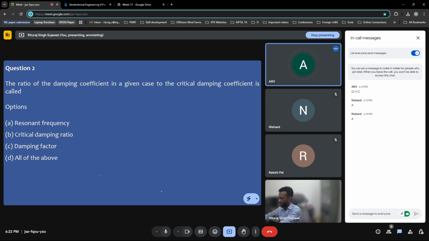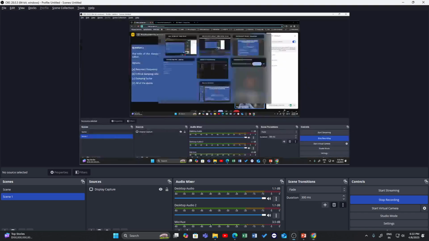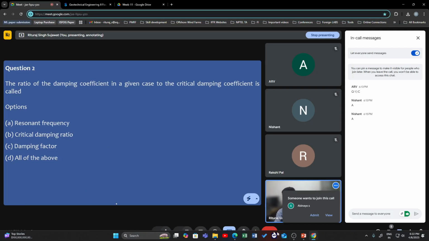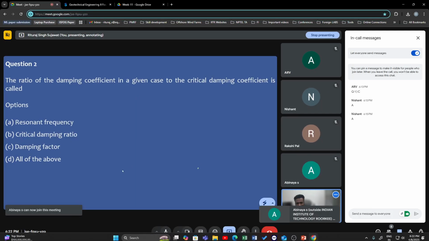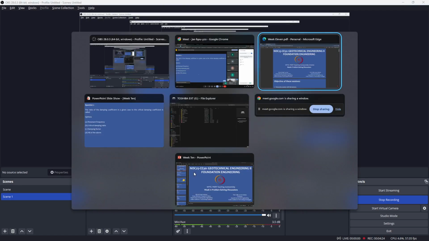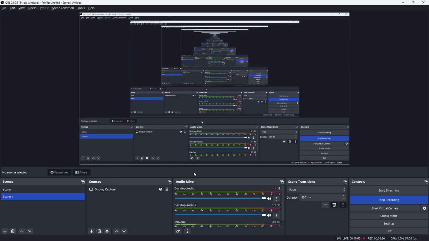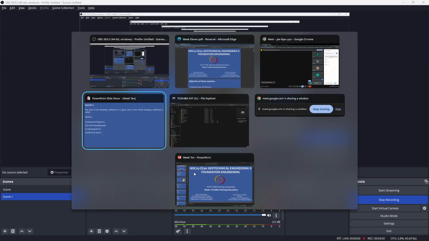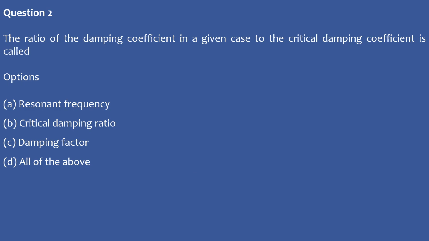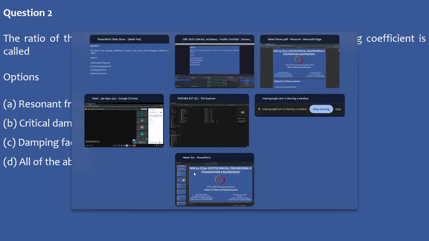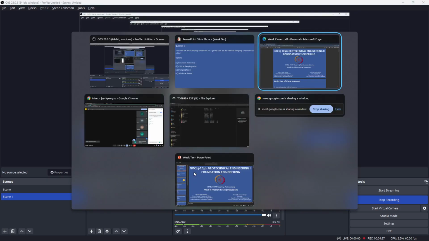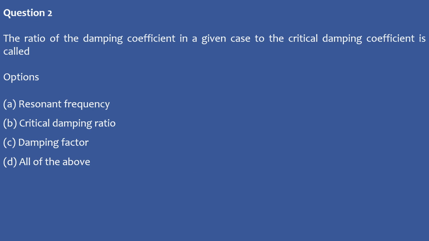Okay, no worries, please go ahead. So let's check the answer. So the correct answer is the damping factor.